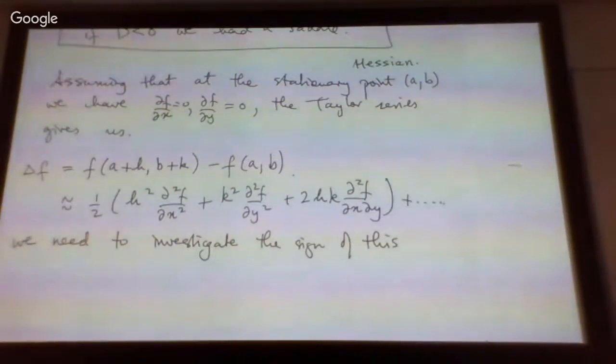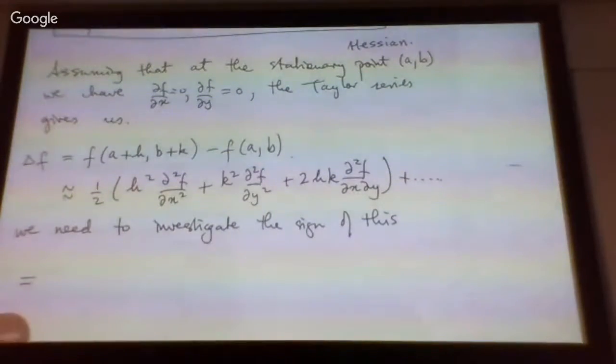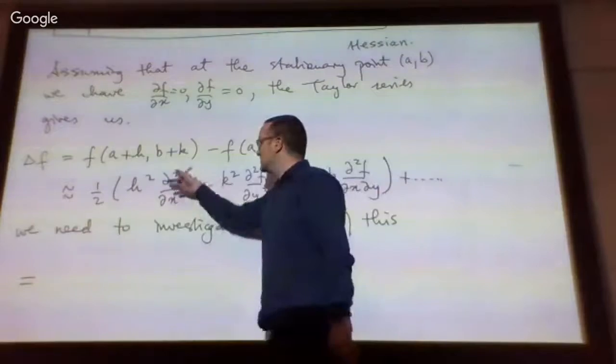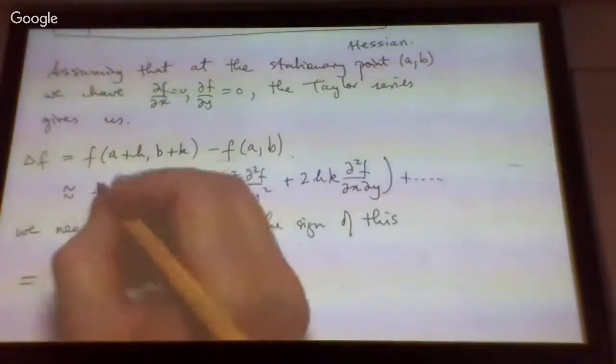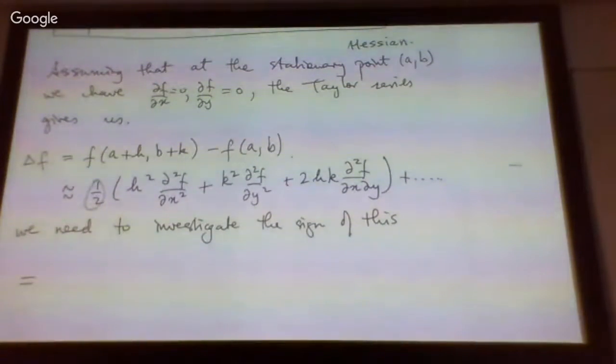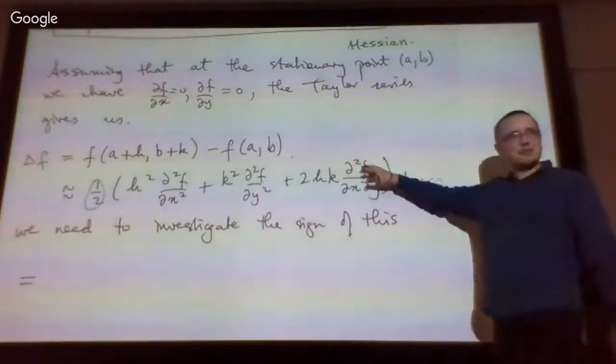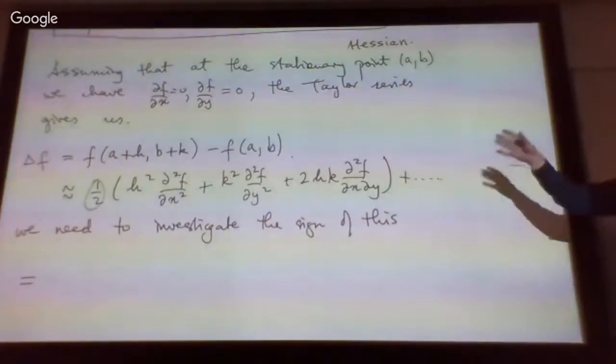Okay? So to bring that structure out, we rewrite this by factoring out, let's say, the x derivative there, by factoring out the second-order x derivative. We'll ignore this half here, because I'm only interested in analyzing whether this is positive or negative, and looking at the sign of this.